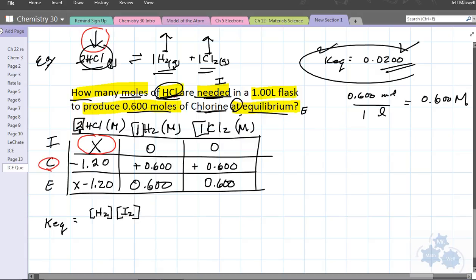Thank you. You're right. Cl2, glad you guys noticed that. Cl2, divided by the concentration of HCl squared. Yes, because of the 2 there. Okay, so that's your KEQ expression, right?